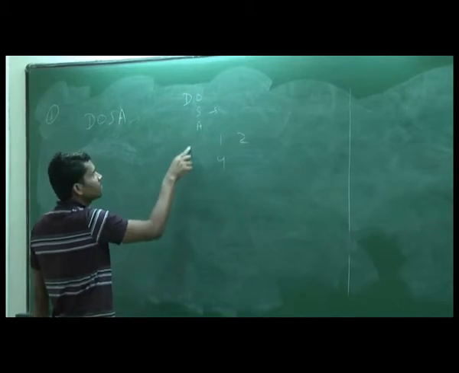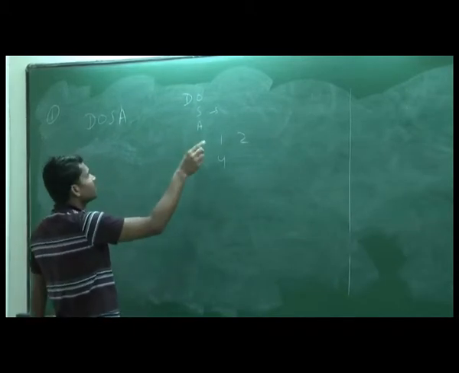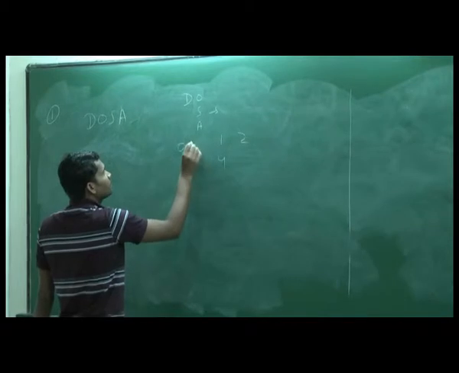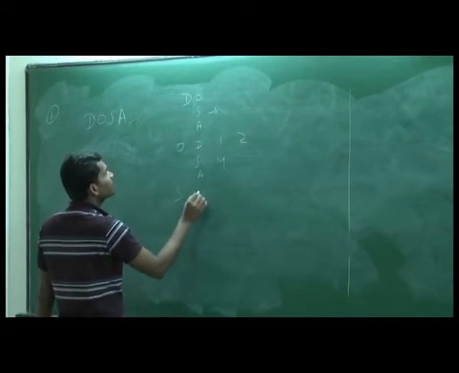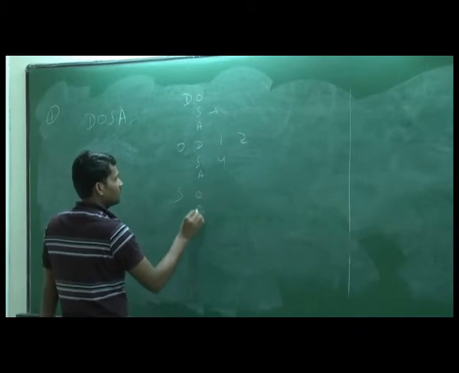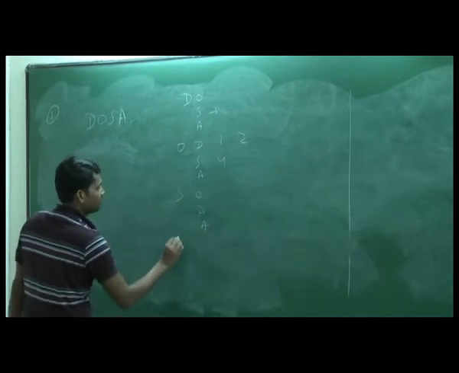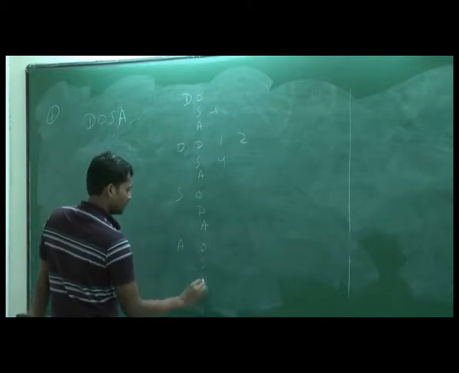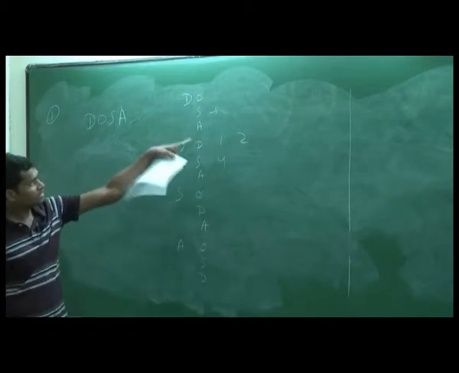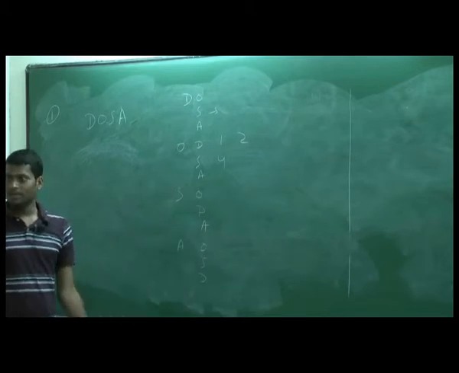First we can also take O, then here D, S, A. If you take S, then O, D, A. If you take A, then O, S, D. Then 3 plus 3 plus 3 plus 3, 12 ways.